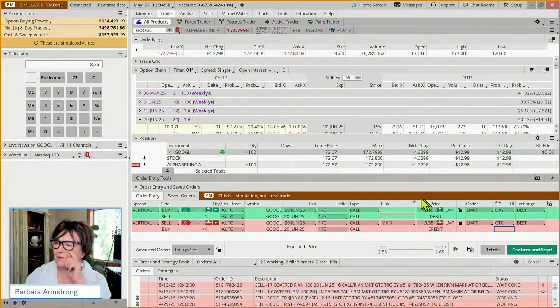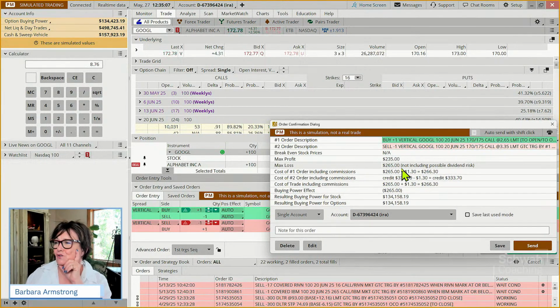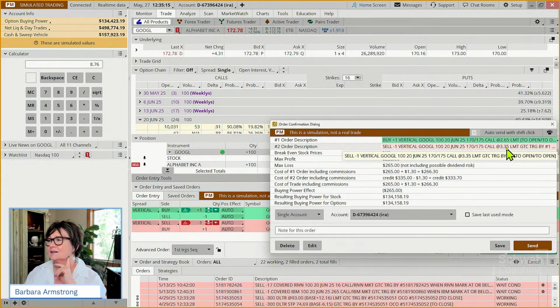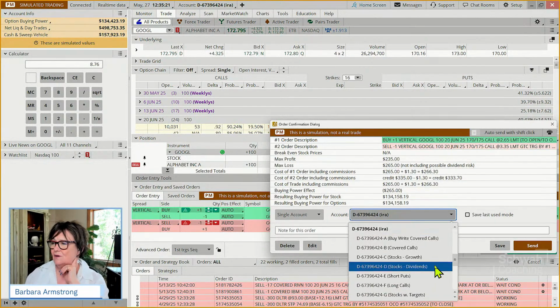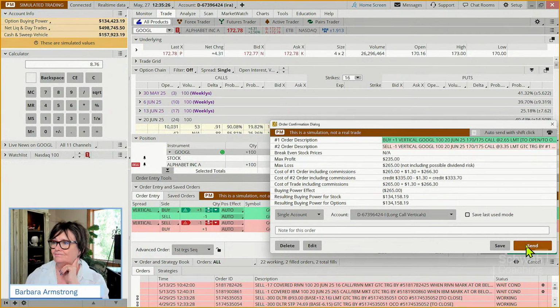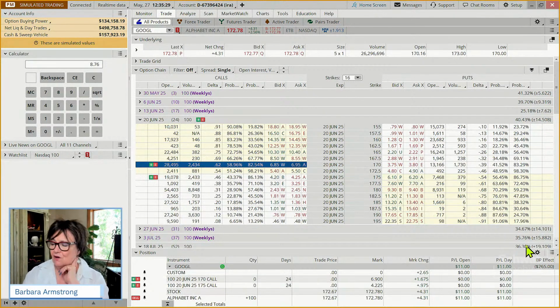And if it goes down by 50%, I'm just going to watch it. And if it goes down by 25%, then I'm going to exit. So we're risking $265. The most we can make is $235. What we're saying is, if we could make $70 on that, we'd be happy. And so we'd put that in our long call vertical group.